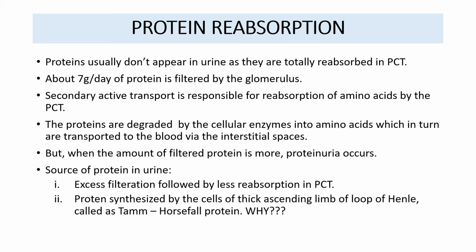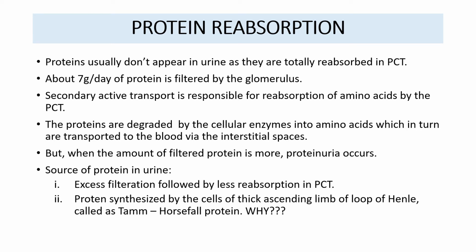Here also the proteins are absorbed by the tubular cells along with the sodium. The proteins are degraded by the cellular enzymes into respective amino acids, which in turn are transported to the blood via the interstitial spaces.